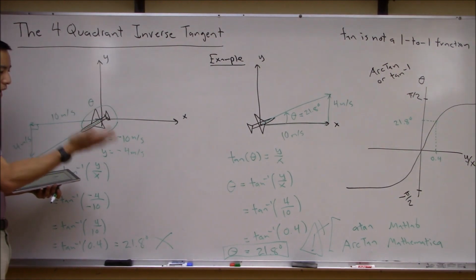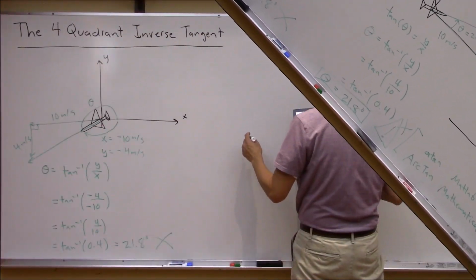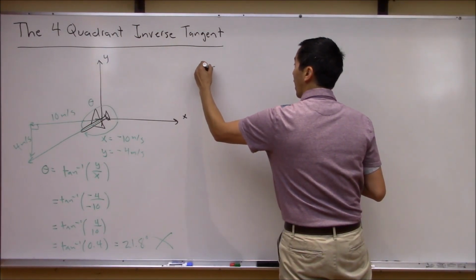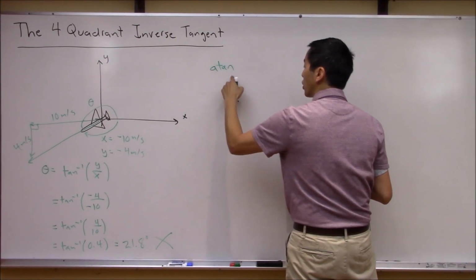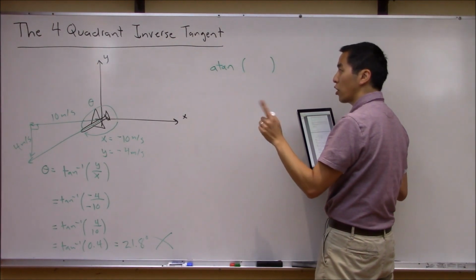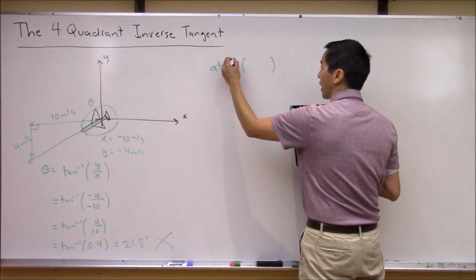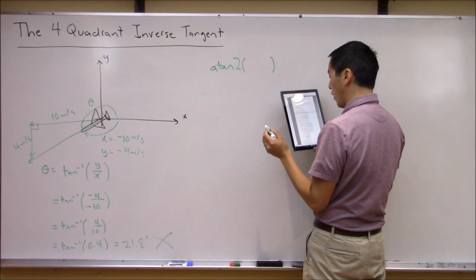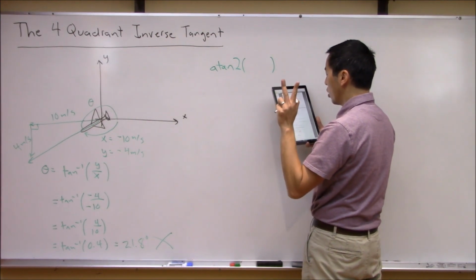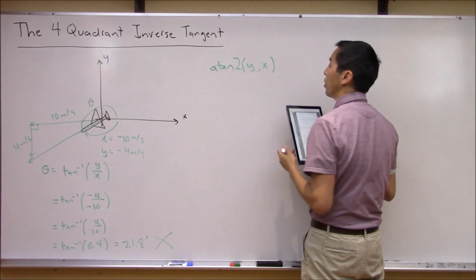That's exactly why, because of this shortcoming, we now have the atan2 function. We saw that the version of atan which takes in a single input argument was insufficient. So now a lot of software packages implement the atan2 function, which takes in 2 separate input arguments. You give it the y component and then the x component.